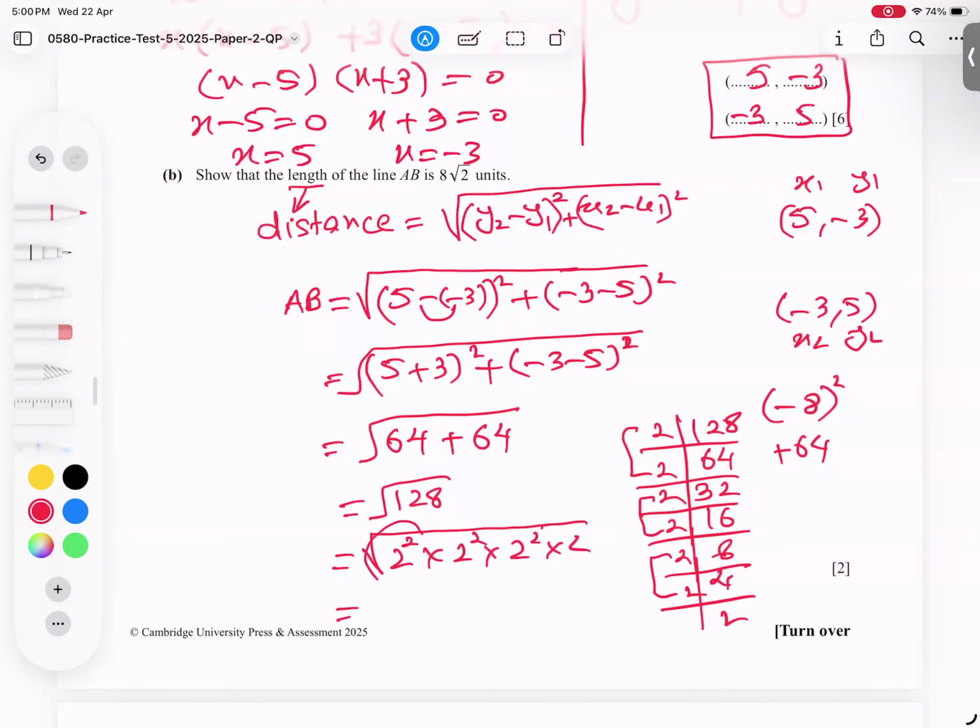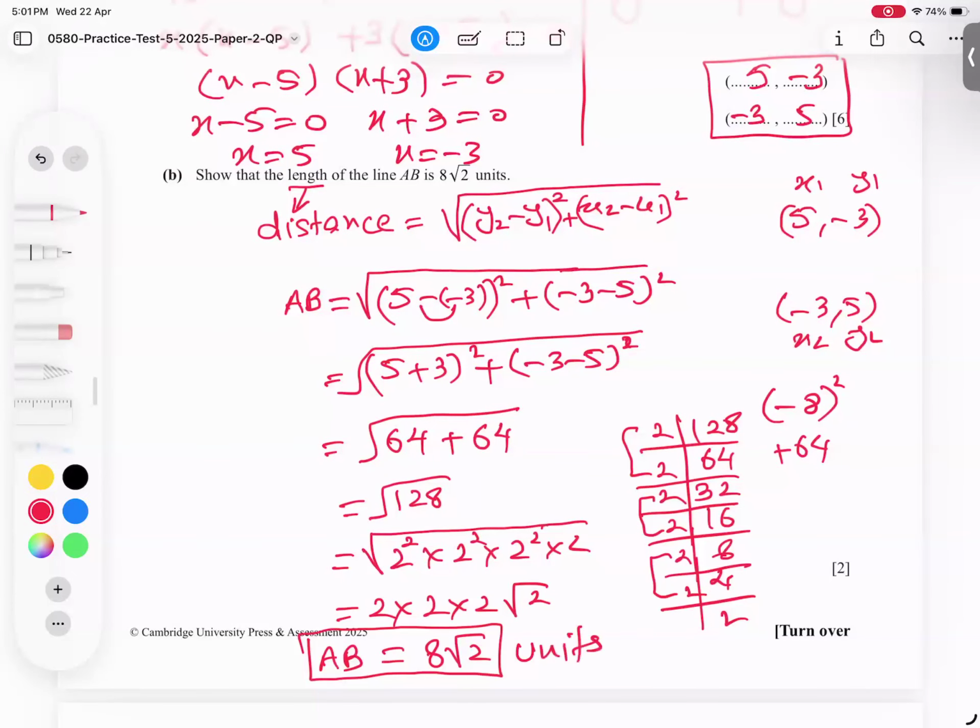This 2 square will cancel with the root and come out. This will cancel and come out. This will cancel and come out. And the last 2 will stay inside because it is alone. 2 times 4 times 2 is 8, which is the same. So we have proved 8 root 2, and we have done: distance of AB equals 8 root 2. So you have to write units beside it. I hope the point is very clear, and let's go for the next question.